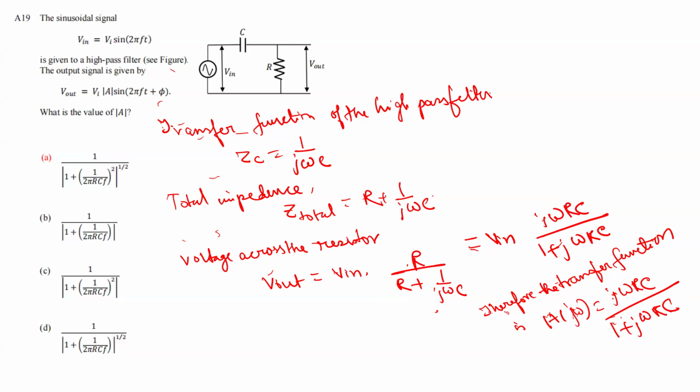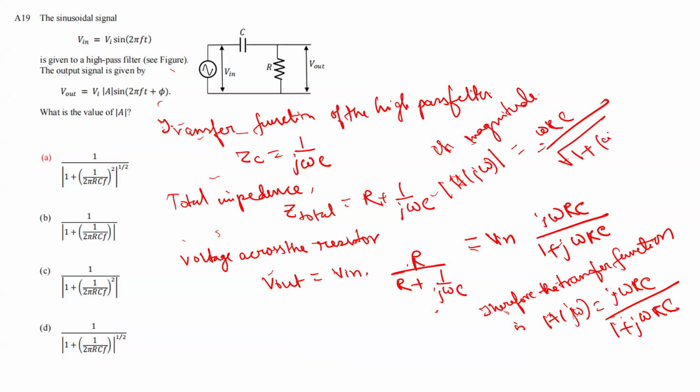So its magnitude, the magnitude of H j omega, is equal to omega RC by the square root of 1 plus omega RC whole square.